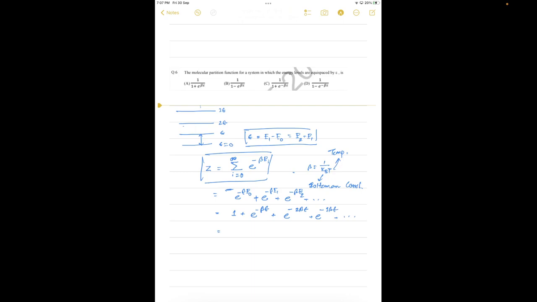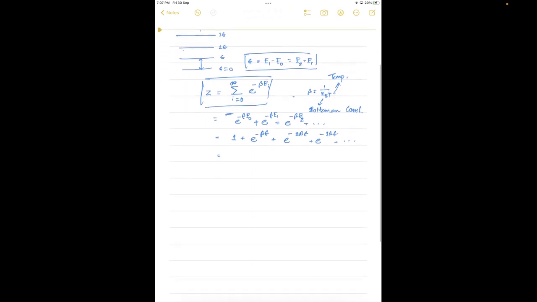From this expression, let's assume e to the power minus beta epsilon equal to x. So this is 1 plus x plus x square plus x cube, and it goes on like this. In short we can write this as the sum over i equal to 0 to infinity of x to the power i.